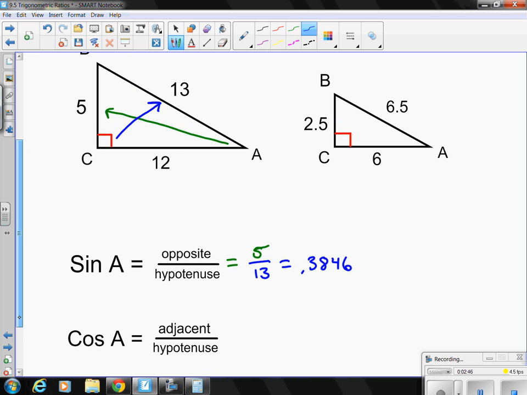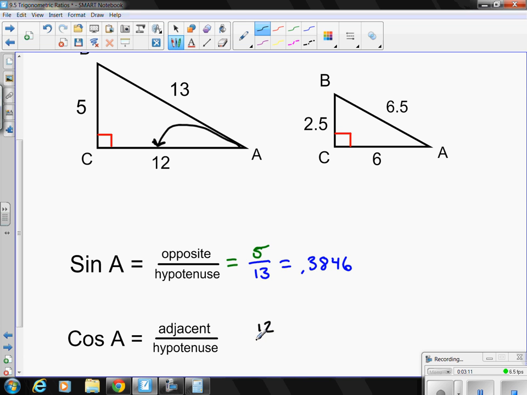Now the cosine of A. I'm going to erase these marks so we don't get confused. The adjacent side is the side that's not the hypotenuse.